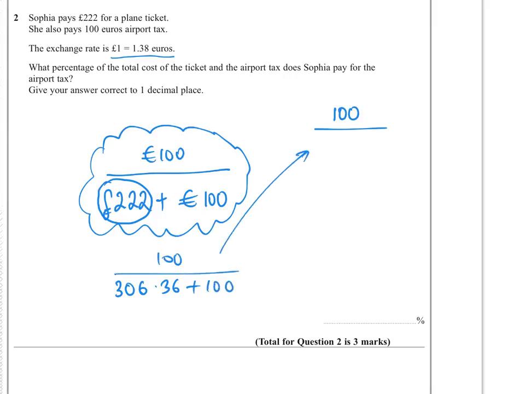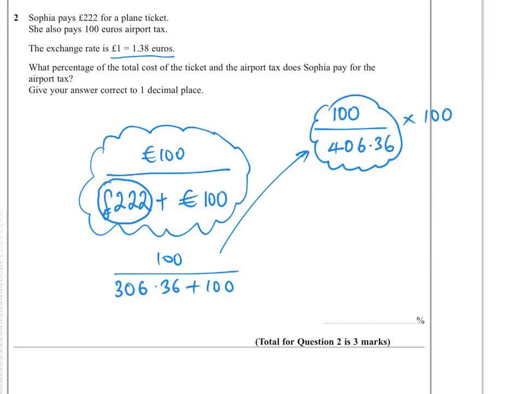That should have gone up here, so I'll just do the denominator as 406.36. Then I times it by 100 to turn the decimal into a percentage. So let's see what we get.